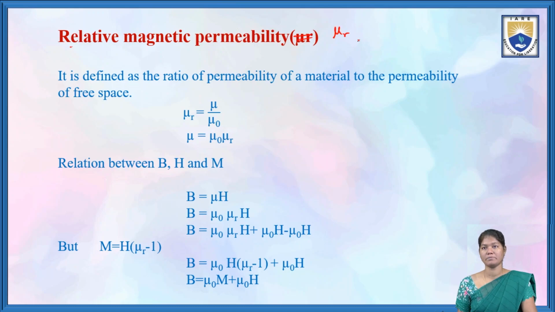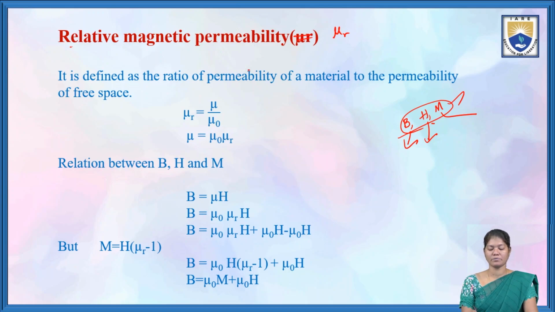From this we are going to see the relation between B, H and M: magnetic field induction, magnetic field strength and then magnetization. From this topic we are going to verify the relation between B, H and M also.